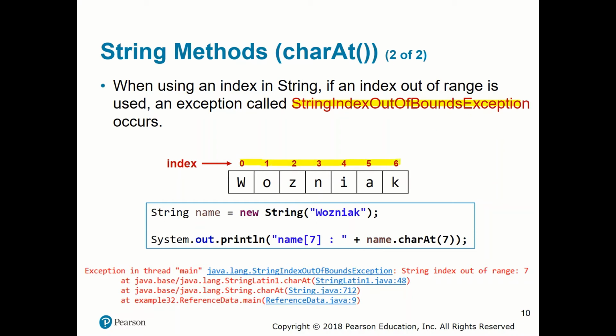The index is from 0 to 6, so there is no index 7. But if I want to find the character at index 7, name.charAt(7), and I run this code, an error message will appear. So you need to be very careful when using the charAt method not to use an index out of range.